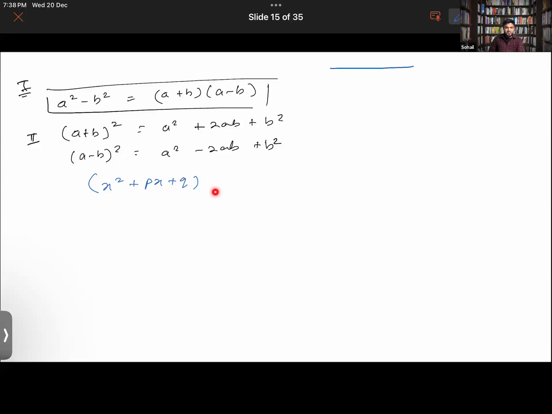That is the quadratic equation you will be studying in class 9, where you will have factors like a or b. Anyways, I'm not going there. Just as of now, just know this. In the factorization chapter, mainly we are going to talk about these 3 identities.